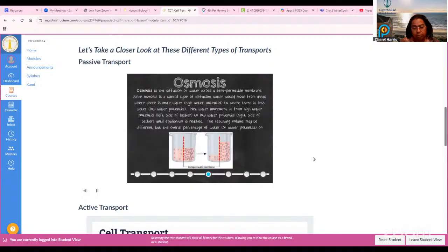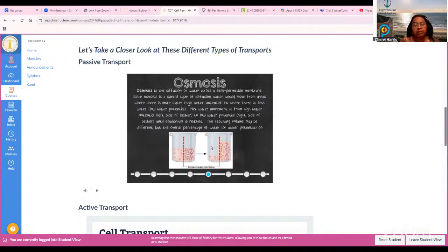Water potential is higher on the left-hand side of the beaker initially, compared to the right. The solute decreases water potential. Net water movement is from high water potential to low water potential until equilibrium is reached. The resulting volume in the beaker on the right may be different, but the overall percentage of water or water potential on both sides is the same.